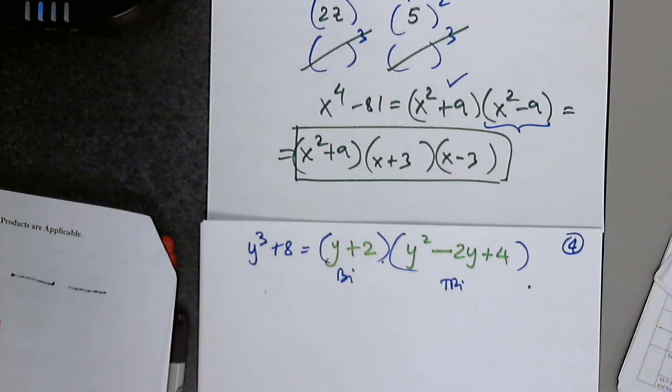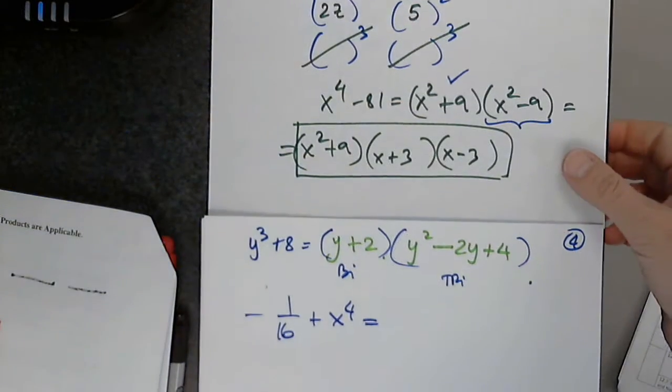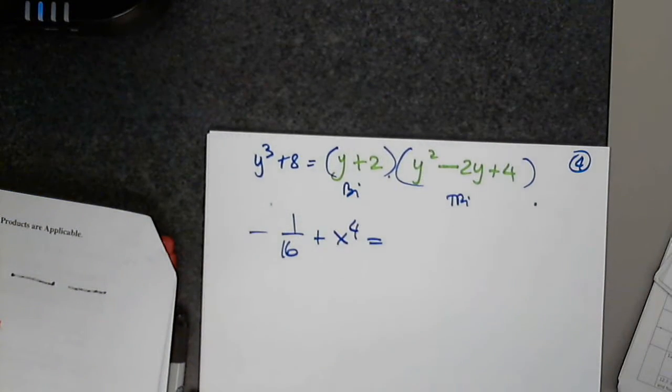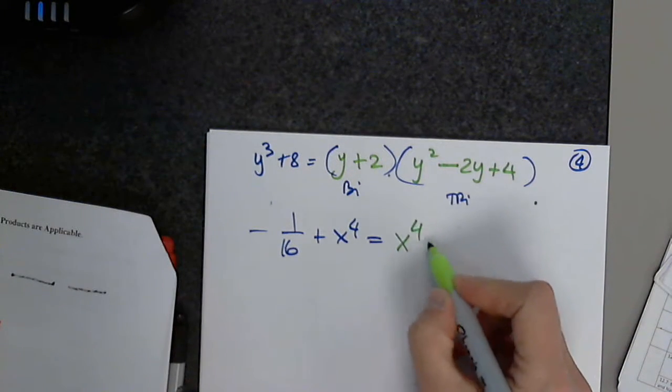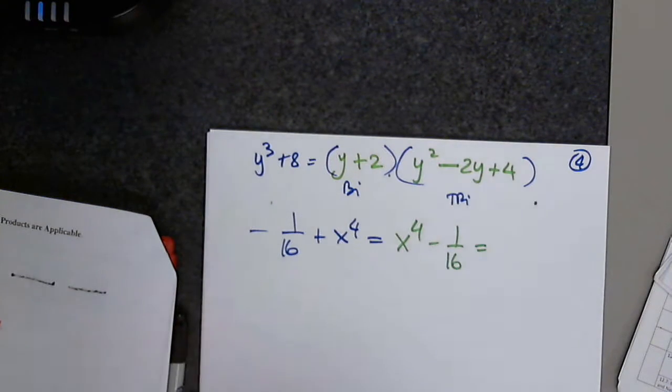Negative 1 over 16 plus x to the 4th. What is it? Is it in descending order? No. So I have to rearrange it as x to the 4th minus 1 over 16.